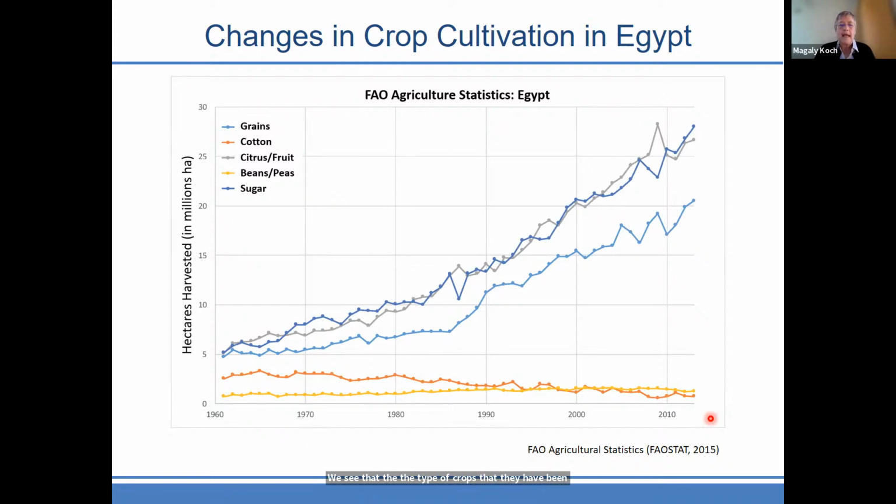And in recent times, they're growing more grains and citrus fruit trees and sugarcane. And you can clearly see the increase. What that means is that these are types of crops that require more water than, for example, cotton, beans, and peas, and so on, right?